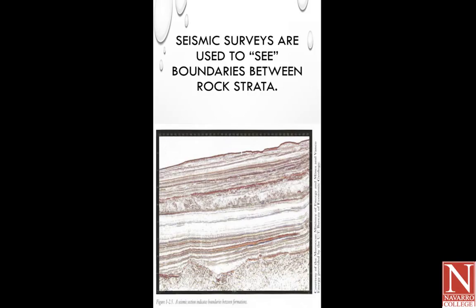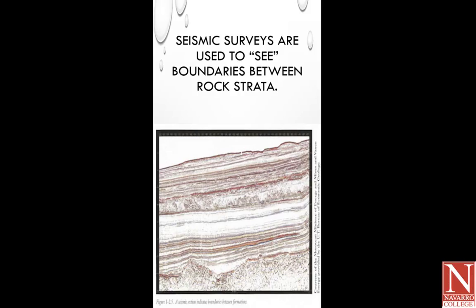Now, seismic surveys are used to see the boundaries between the rock strata. The strata are those different layers that were formed over thousands, millions of years, and each era has a strata. And then as plate tectonics happen, those strata have bends and folds in them.